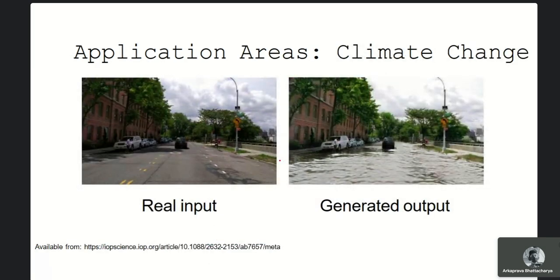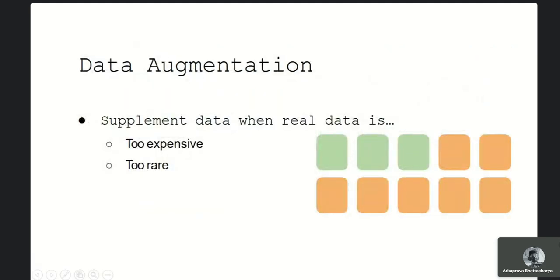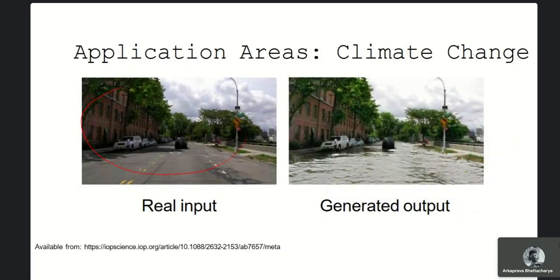So this is another cool application of GANs, which is around climate change. In order to show the visceral effects of climate change, we can grab any street view image. On the left hand side, you can see a real input image of a street, and then you can superimpose how the street will actually look if there is a flood in the city.